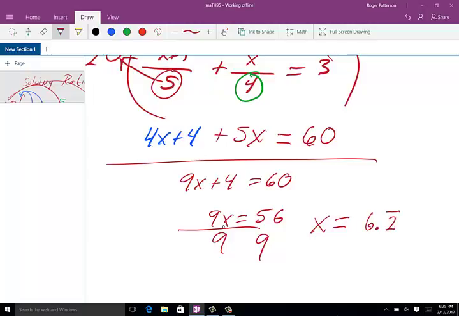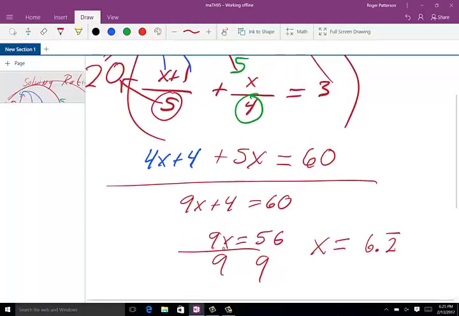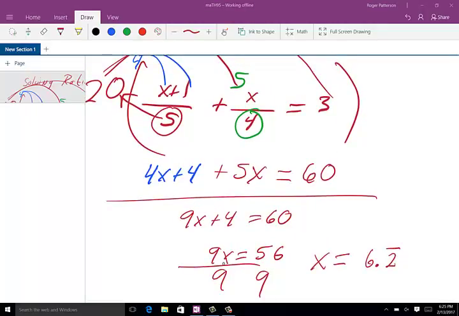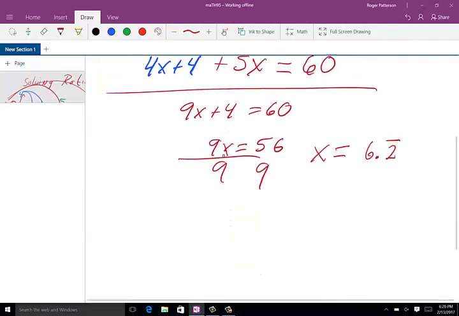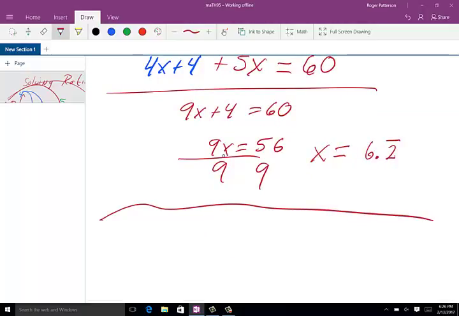Is that close? Yep. So the main idea is to take these rational equations and multiply by that common denominator.